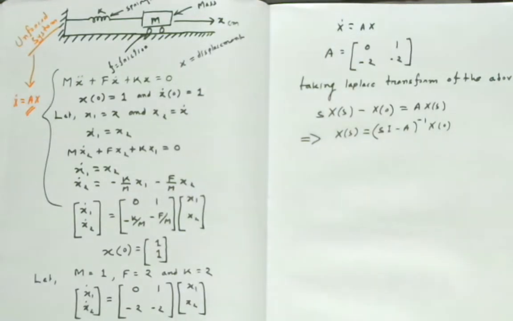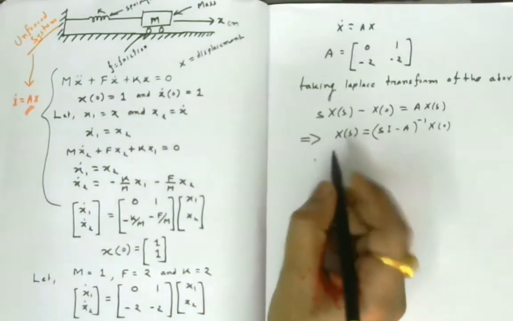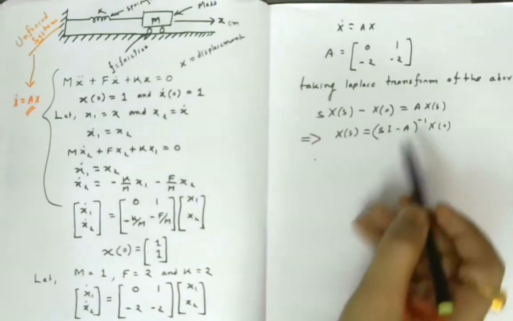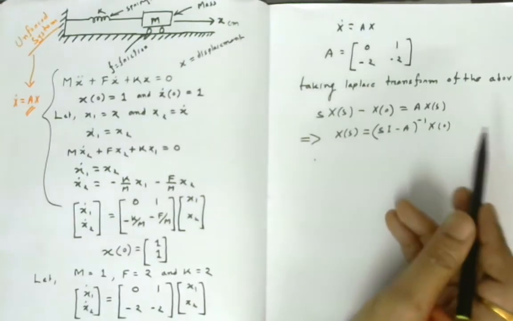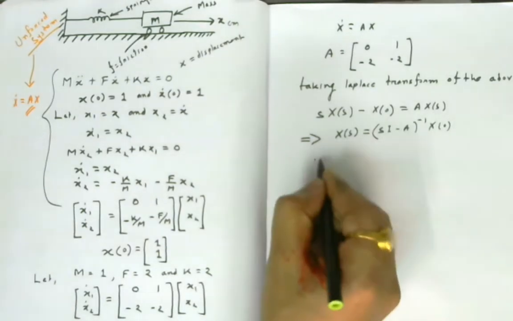Now I want to find out sI minus A, because the A matrix is available with you. So you find sI minus A, and then take the inverse of sI minus A. So what is sI minus A?